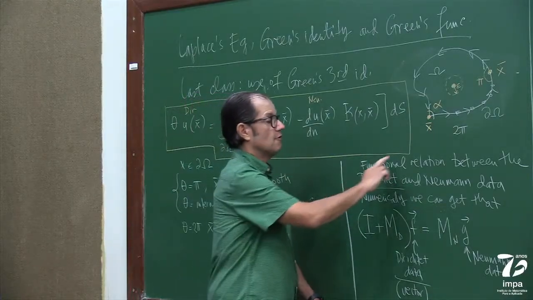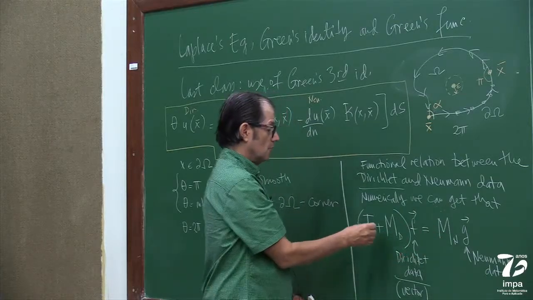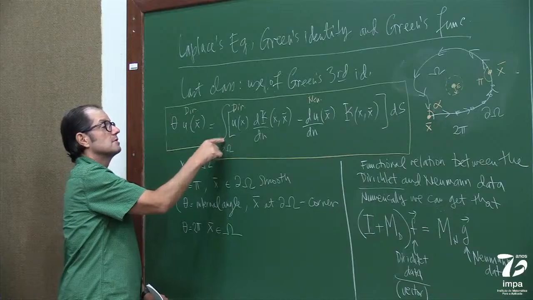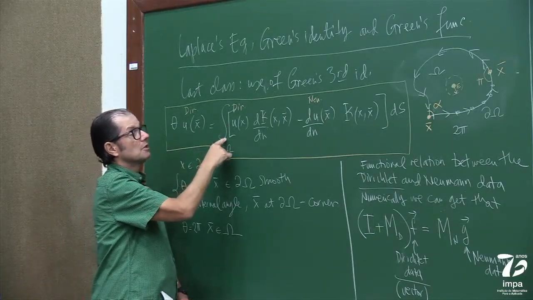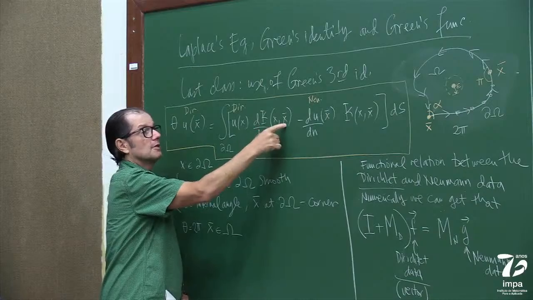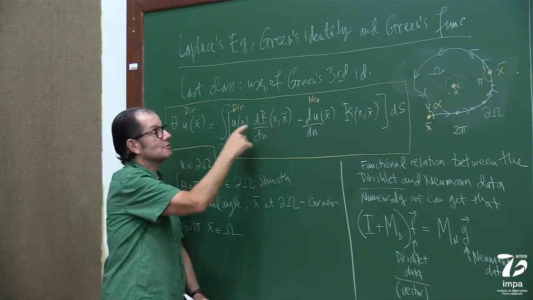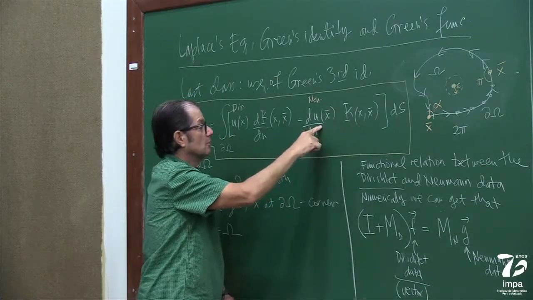So this functional relation becomes a matrix type relation, where it's an identity plus something, and this is going to become a summation of a matrix times a vector, a matrix with two indices, plus a matrix times a vector.